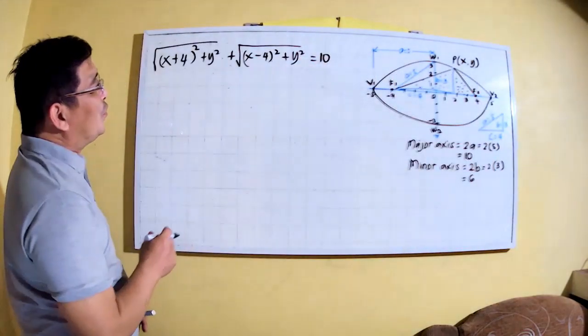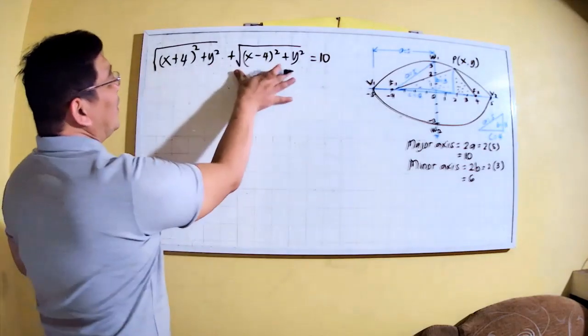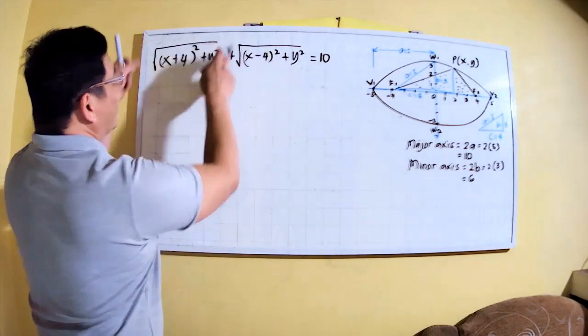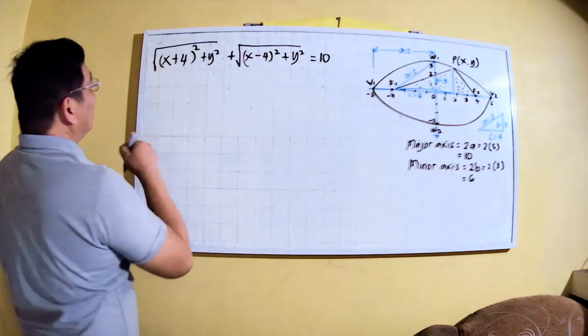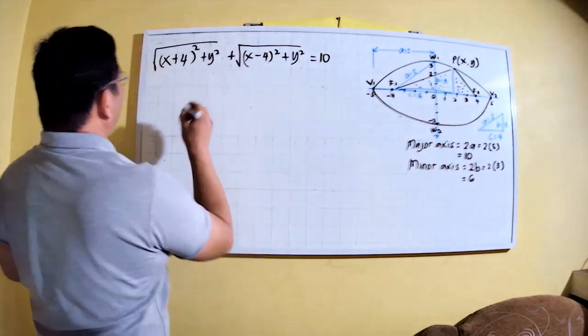Now, what we're going to do is we're going to transpose this expression to be able to cancel one of the square root or the radical sign.